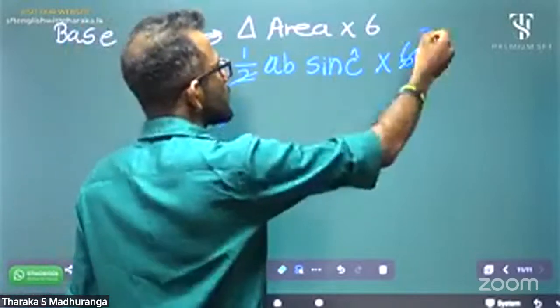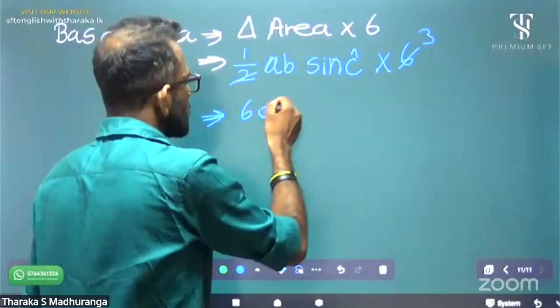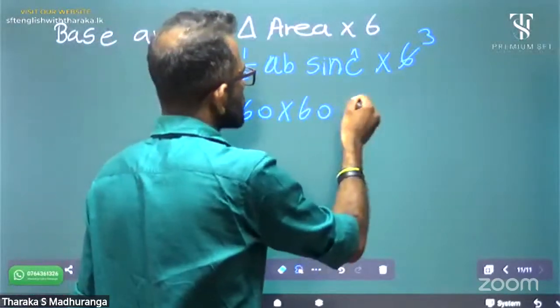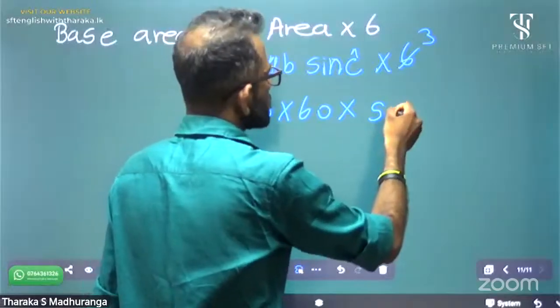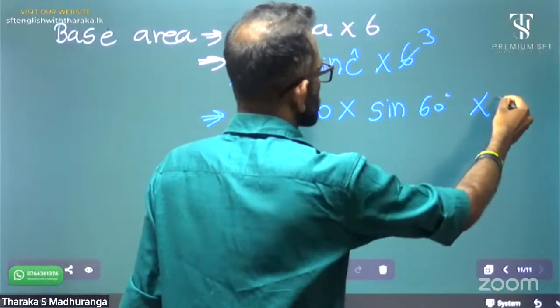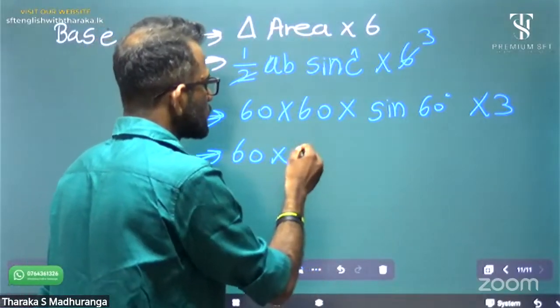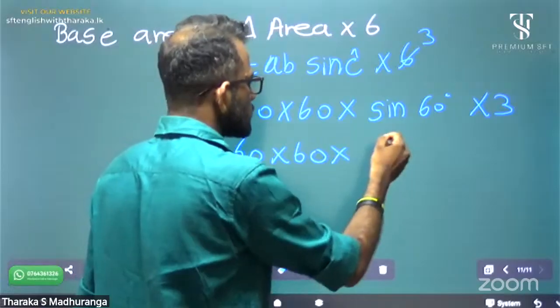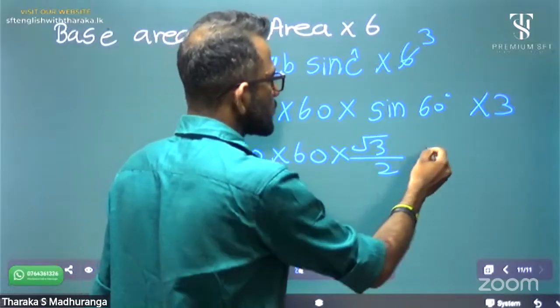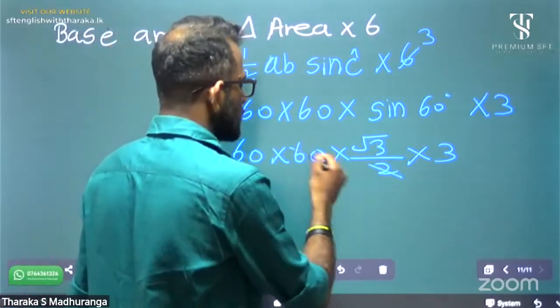Cancel, it becomes into 3. Now A is 60, B is 60, sine 60 into 3. 60 into 60 into sine 60, which is root 3 over 2, into 3. It's 30.